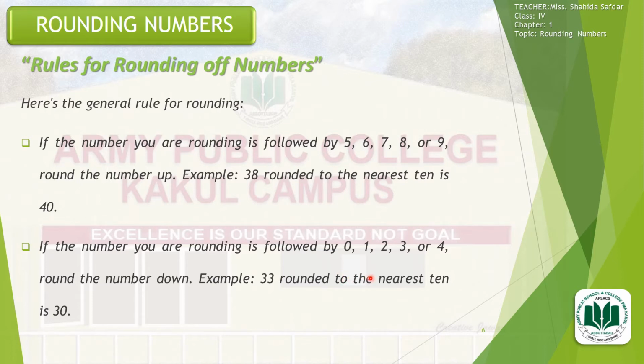How is this 30? As 3 is less than 5, our digit 3 remains the same, so it will be equal to 30. That is, 33 will be rounded to 30 when we round it to the nearest 10.